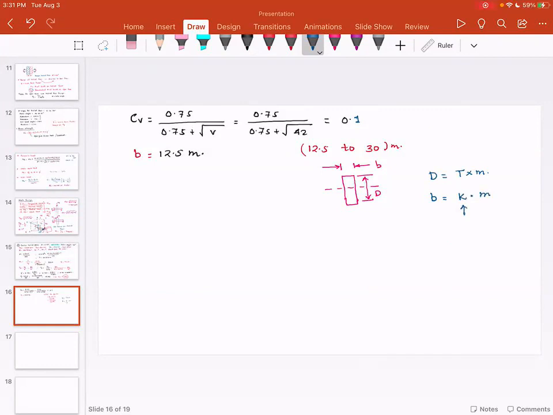This is a constant, and this is the number of teeth. Essentially, what I'm looking for is the D by B ratio, which is T divided by K.